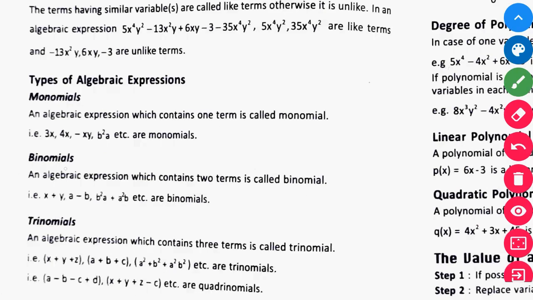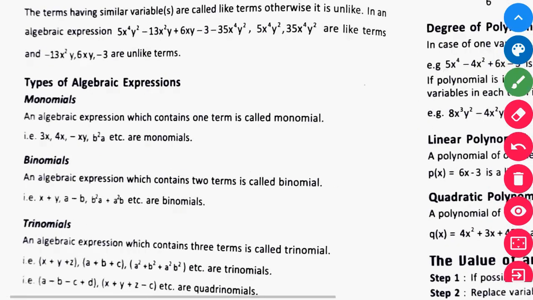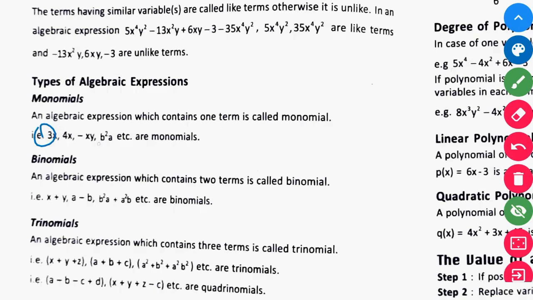For example 3x, 4x, a square b, ab. These are monomial algebraic expressions.